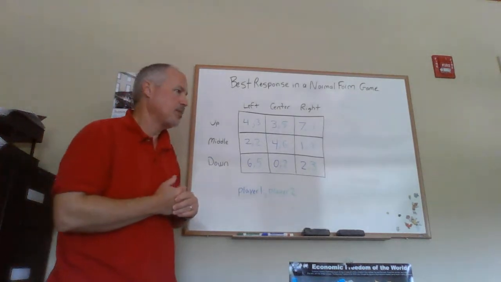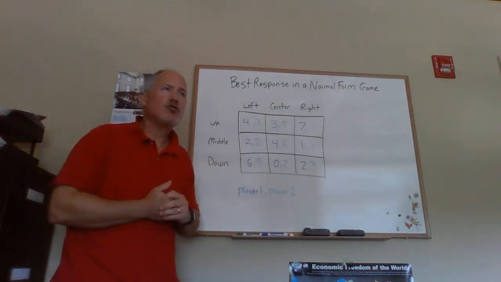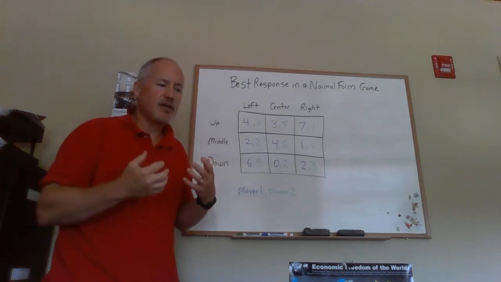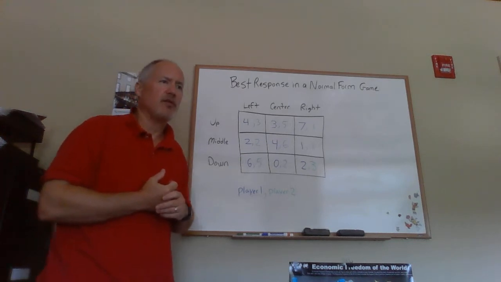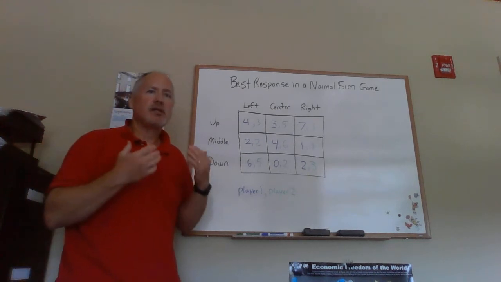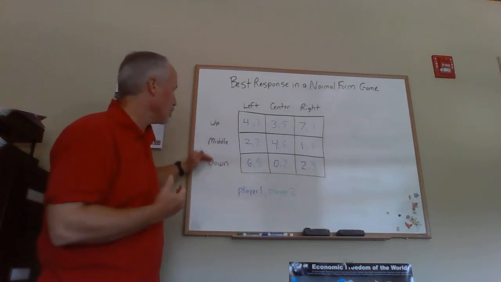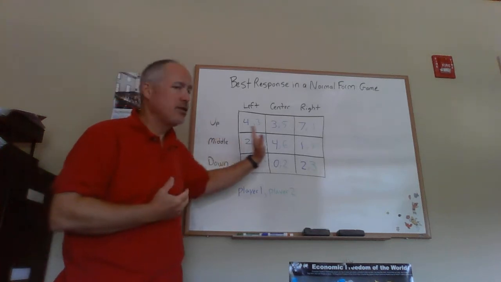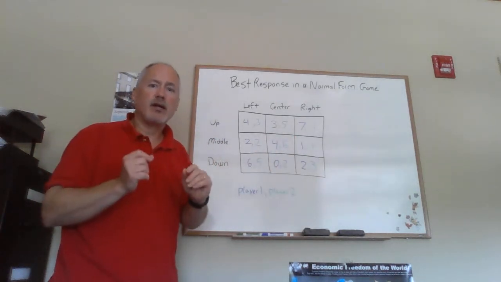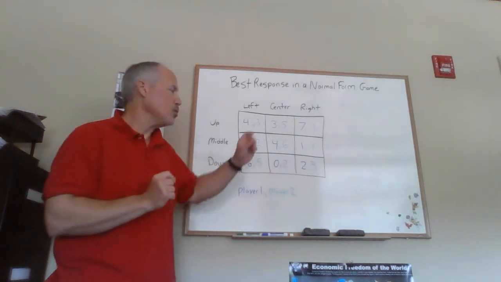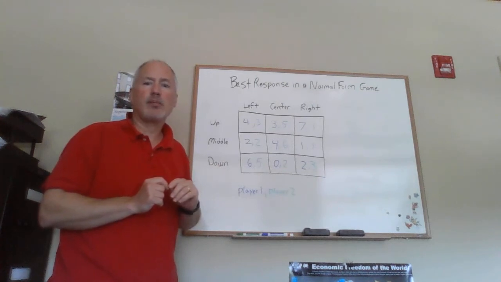Now, when you get a matrix like this and you're trying to figure out the game theoretic or strategic element of it, the way to think about it is that player one gets to choose the row of the matrix, and player two gets to choose the column of the matrix. Neither player gets to choose on their own which cell in the matrix they want to be in.